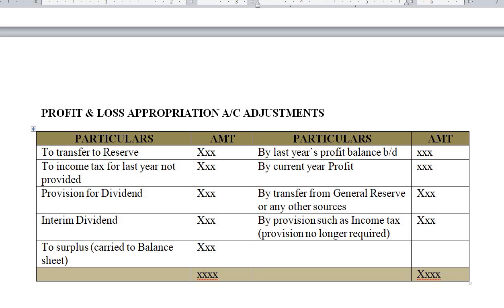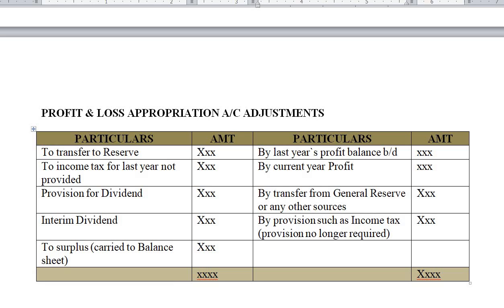There will also be the current year profit after making certain provisions, such as taxation, and after all these adjustments, the profit you get will be the current year's profit. That current year's profit is also brought down to the credit side. So you give it as by current year profit and by last year's profit balance brought down.